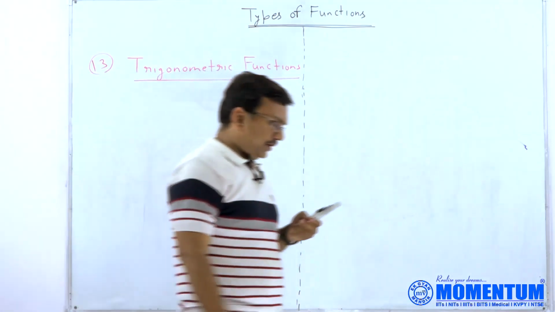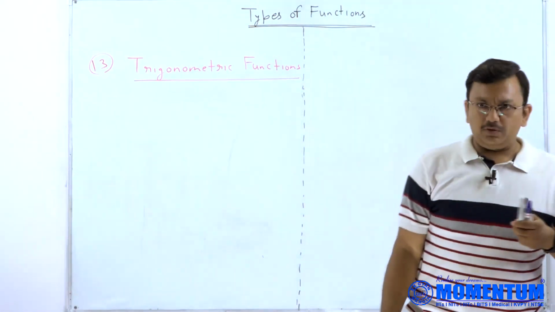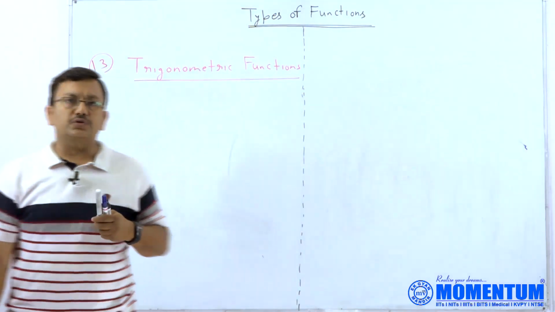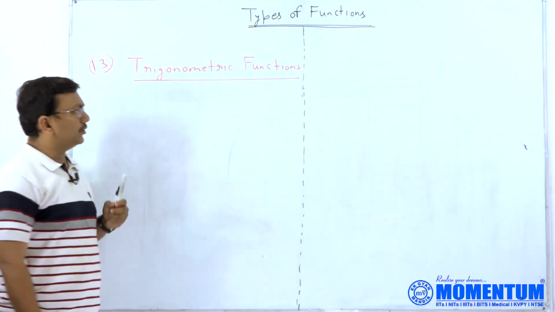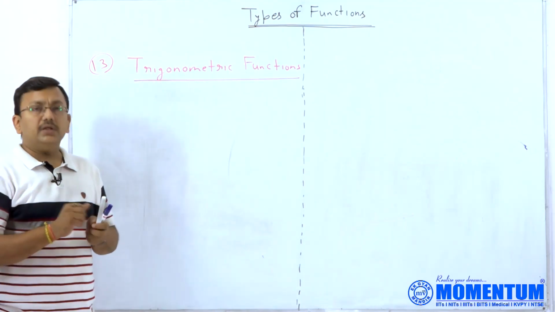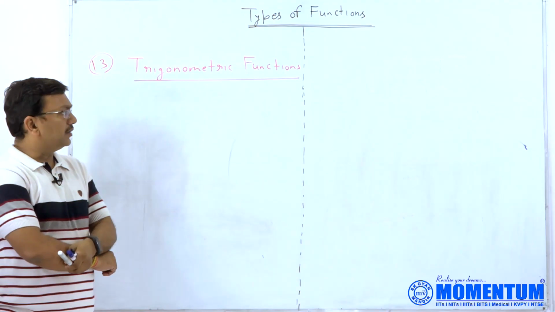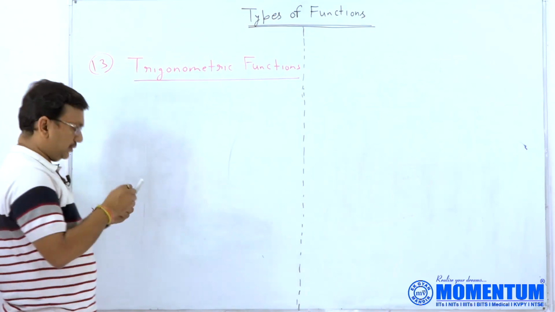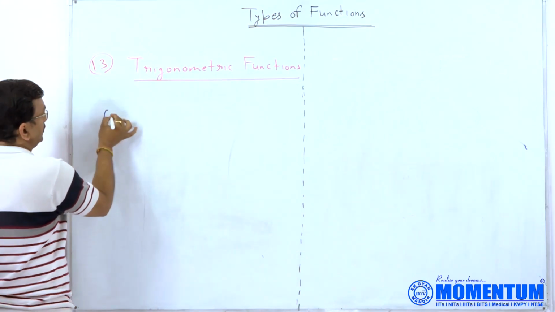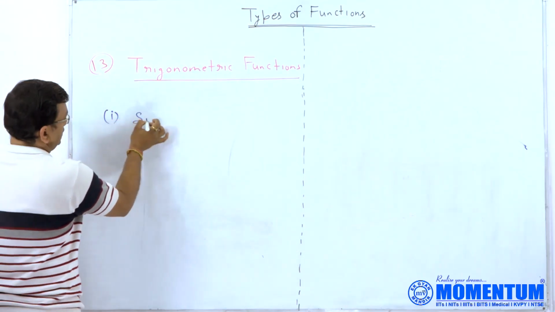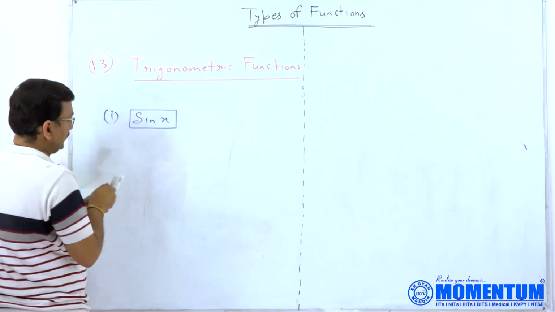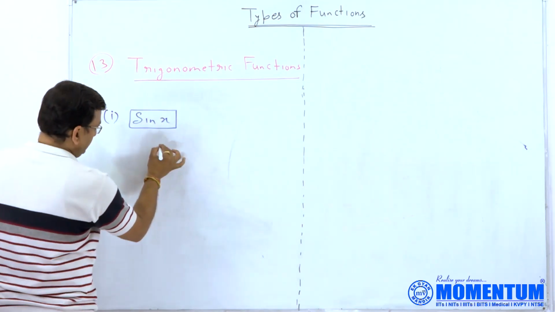All of you must be aware about trigonometric functions: sine, cos, tan, cot, sec, cosec. So, now I am going to draw graph of all trigonometric functions and will write domain and range. So, first we have sine of x, diagram of sine of x.